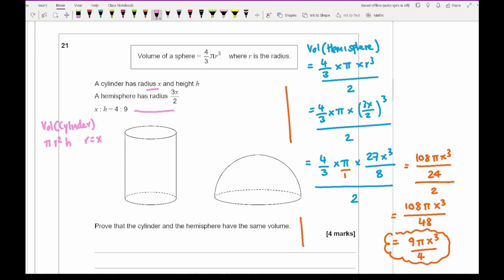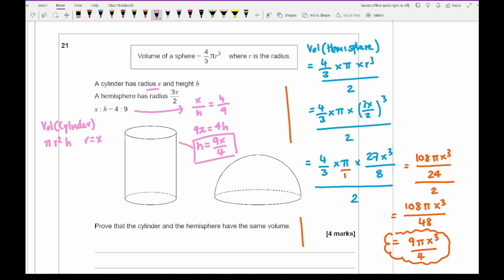So here, using this, I get x over h. If I write it as an equation, x over h equals 4/9. Then do a bit of cross multiplying, so I get 9x equals 4h. So h equals 9x over 4.